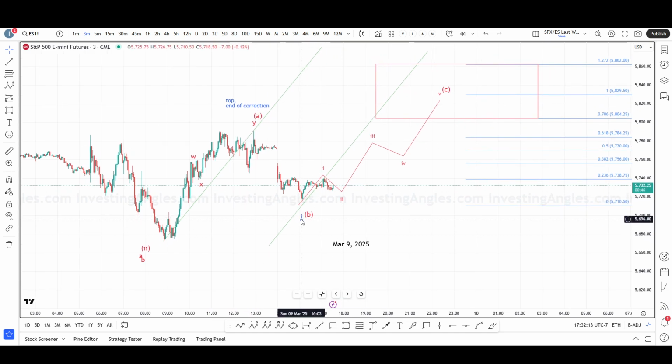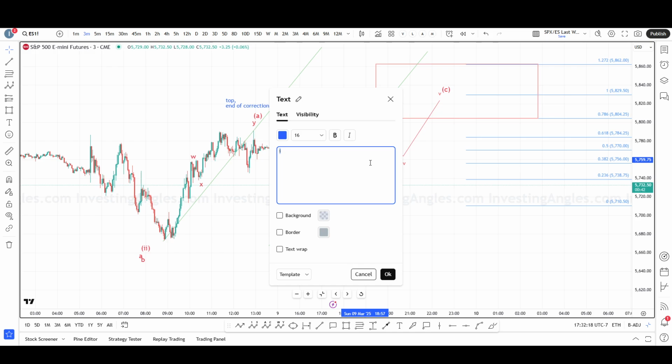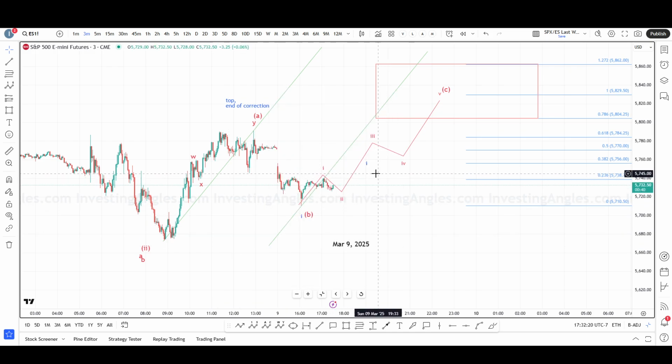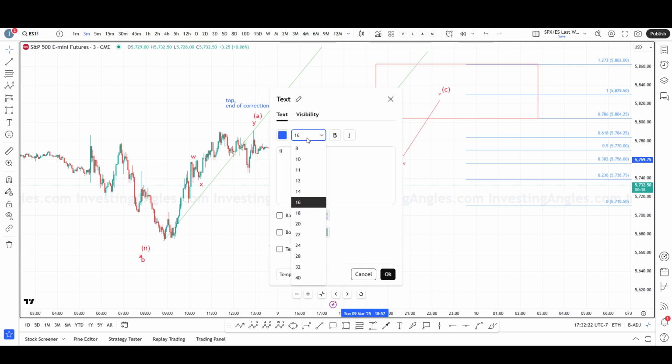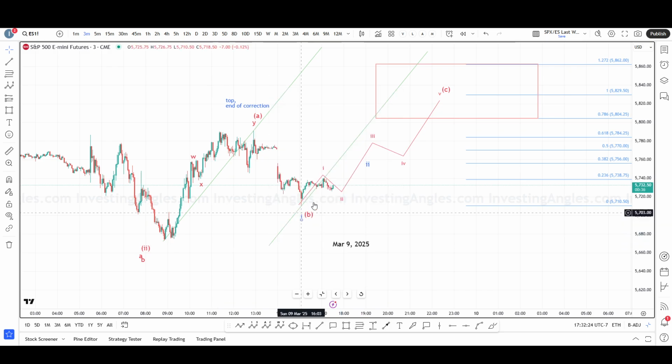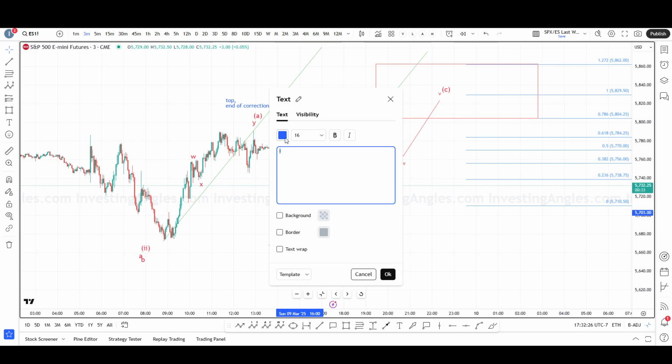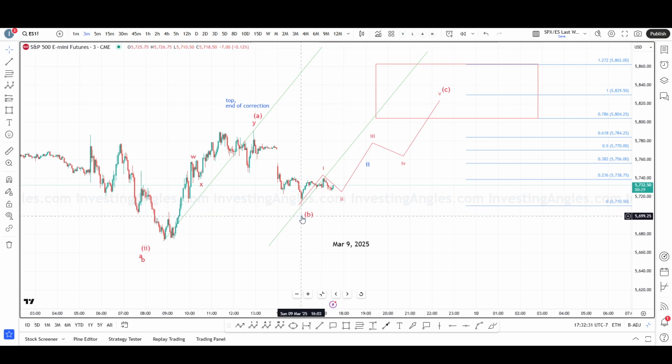Now we are looking for wave 2. Wave 2 would be somewhere here. And let me maybe increase the font a little bit, so we have better visibility. So this is potentially wave 1 and wave 2.